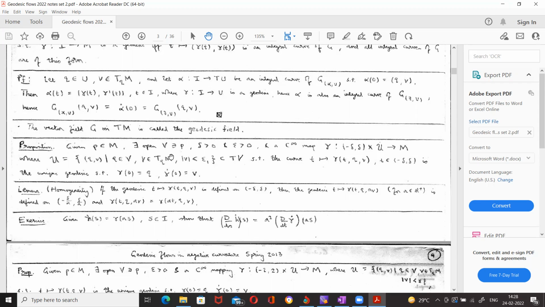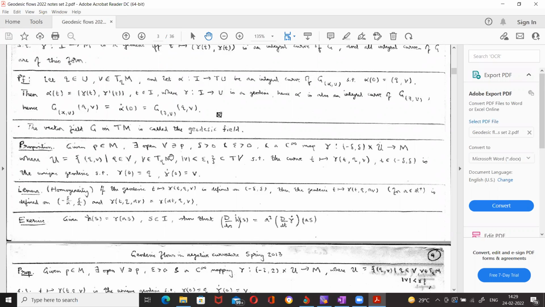So how do you prove this? The proof is just the local existence uniqueness theorem. You take the point P comma 0 in the tangent bundle, right? So that has a neighborhood in the tangent bundle in which there is a delta positive, so that for every point in that neighborhood, there is an integral curve of the geodesic vector field G, starting from that point in the tangent bundle, which is defined on the interval minus delta to delta.